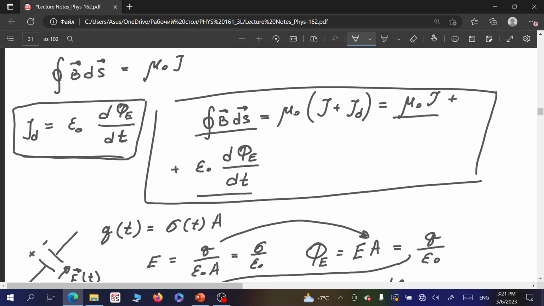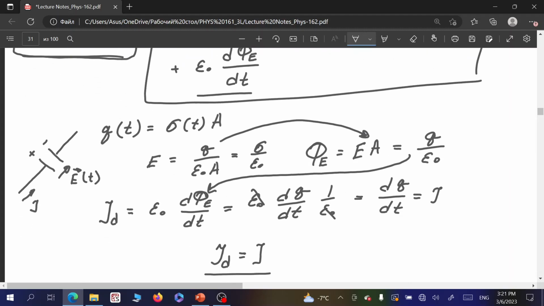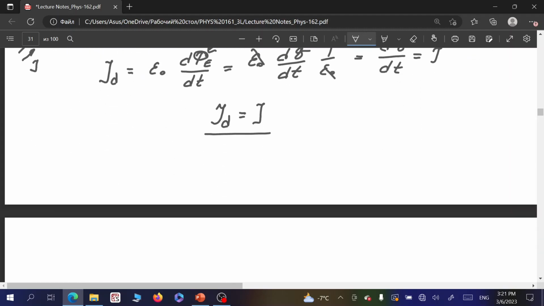In this case, we consider that charges are equal to 0. Write it here. Q is equal to 0. And then obviously electric current will also be equal to 0, because there are no charges, no electric current.